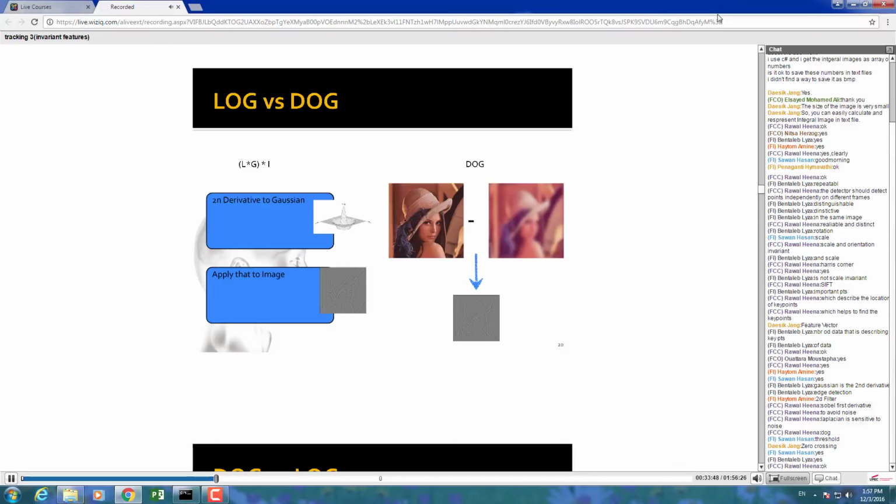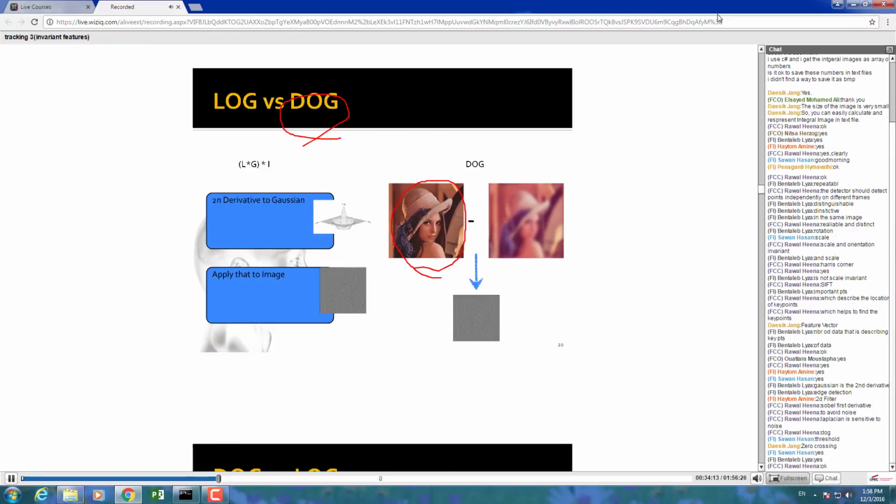So they are using this new concept of DOG, which means difference of Gaussian. Instead of considering the complicated Laplacian of Gaussian, DOG means we just apply Gaussian filtering to the same image with a different sigma value.